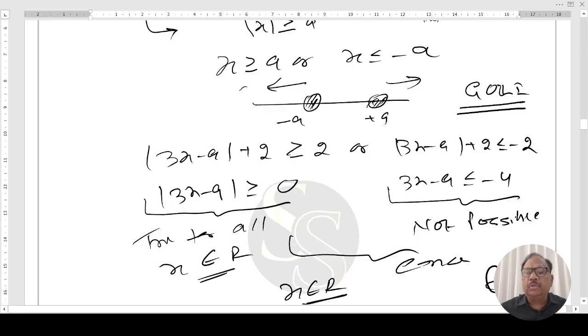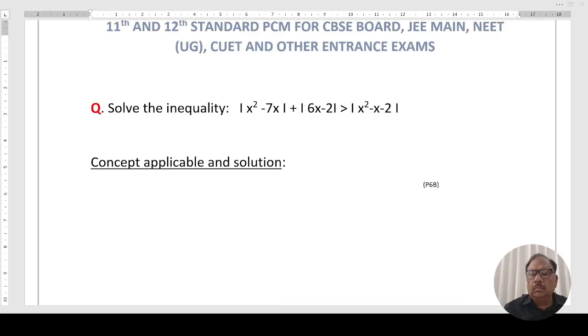Next question. Solve the inequality: mod of x square minus 7x, plus mod of 6x minus 2, greater than or equal to mod of x square minus x minus 2.